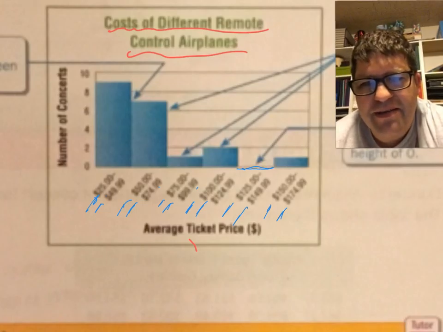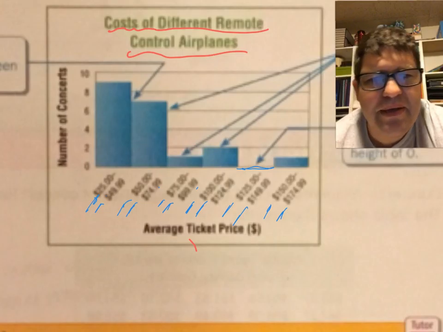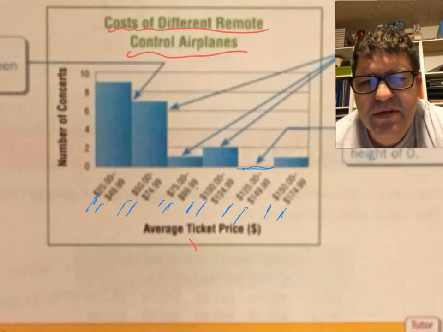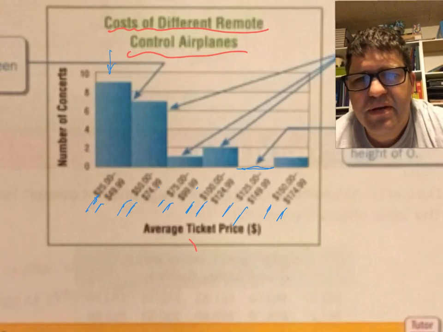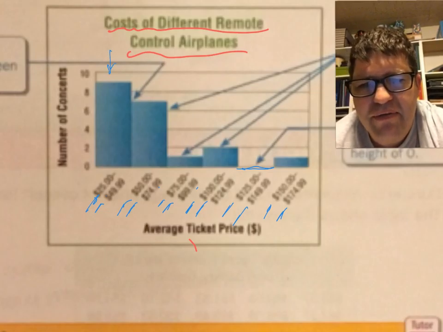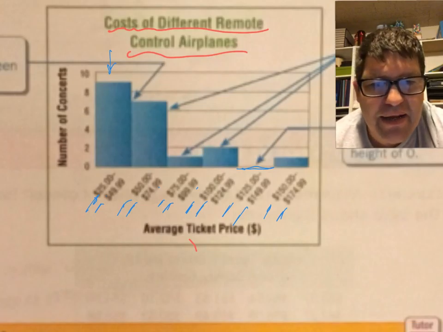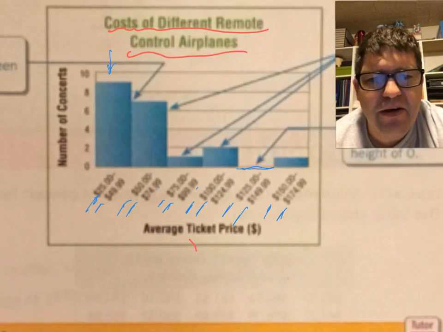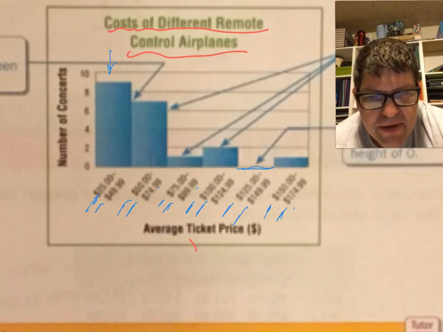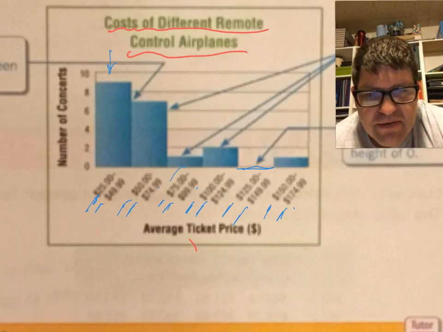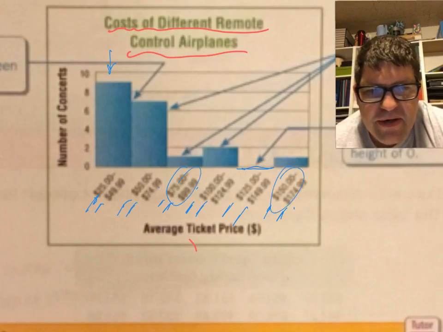We can look at this real quickly and see that the most, or the mode, is going to be remote control airplanes between $25 and $49.99. There are a few, looks like there might be about the same amount right here and right here.